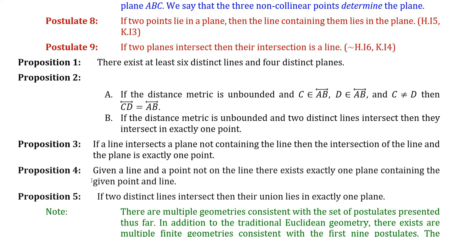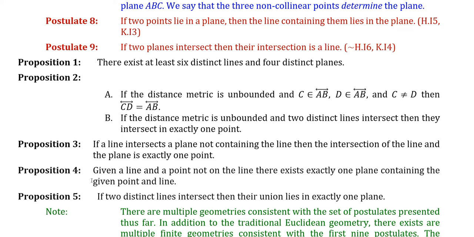Now, we're going to start by proving 2 through 5. In the next videos, we'll do one video on each. But we're postponing the proof of Proposition 1. Proposition 1 said there exist at least 6 distinct lines and 4 distinct planes. That one is an existence proposition.